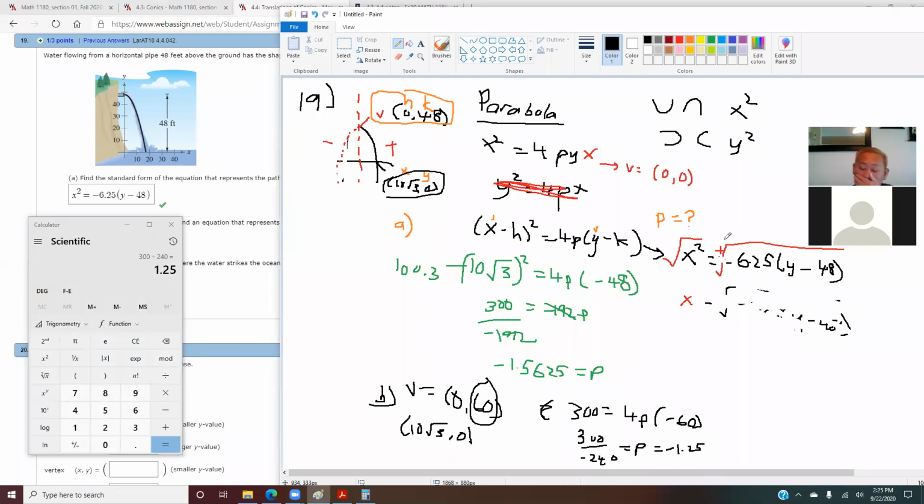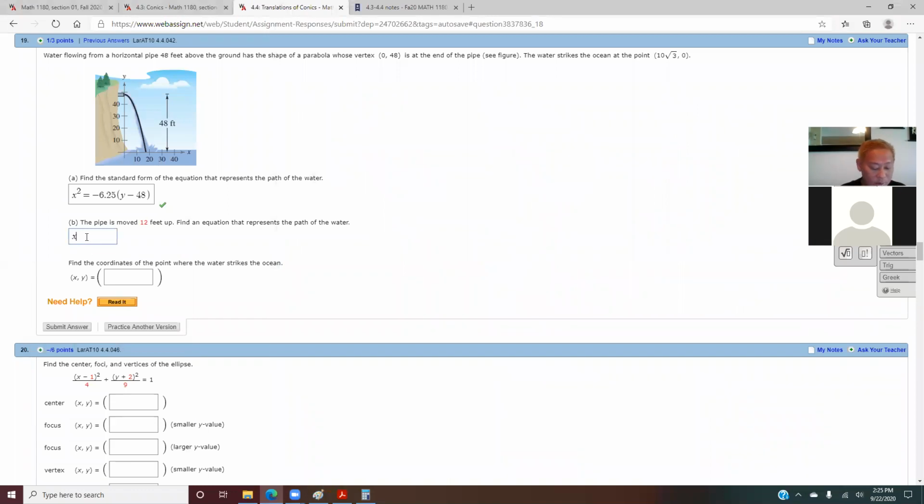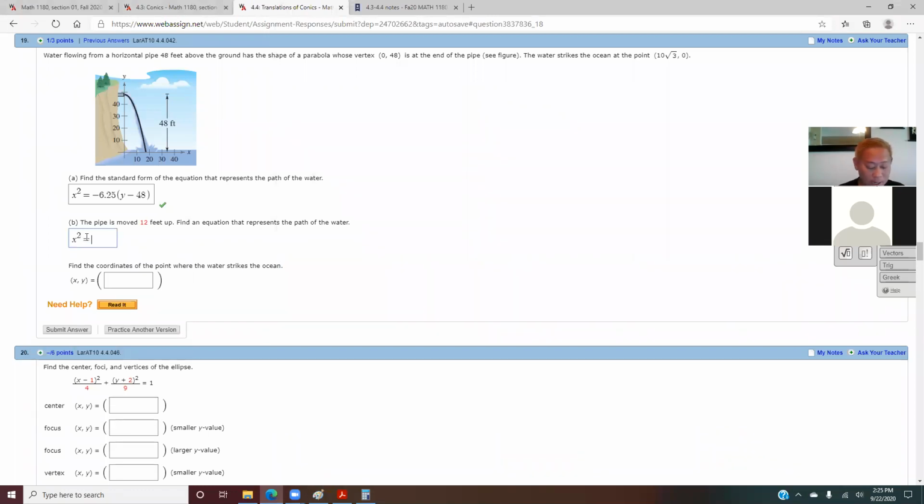Then you plug it into this equation: x squared equals negative 1.25 times 4, that'd be 5, so it's negative 5 times y minus 60 now, not 48. So x squared equals negative 5 times y minus 60, instead of 48.